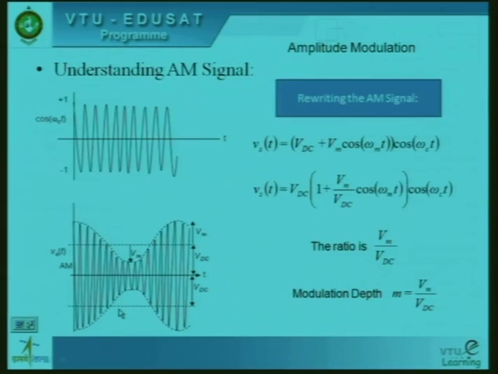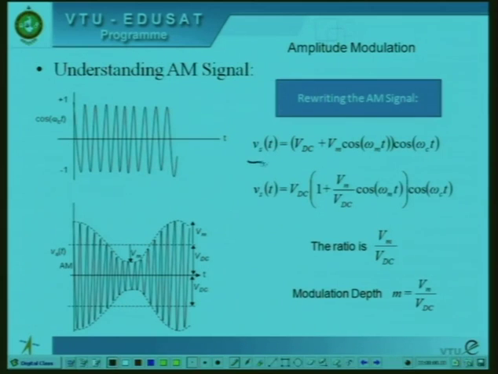We can also rewrite this expression by taking VDC outside: it is VDC into 1 plus Vm by VDC cos of omega mt, into cos of omega ct. The term Vm by VDC, we call it the modulation depth.